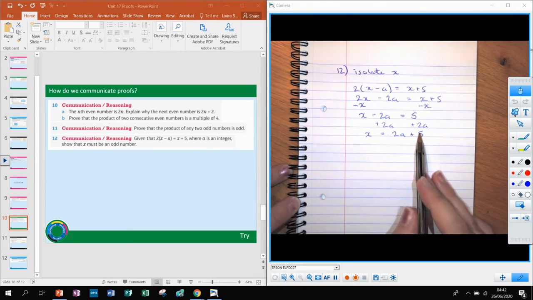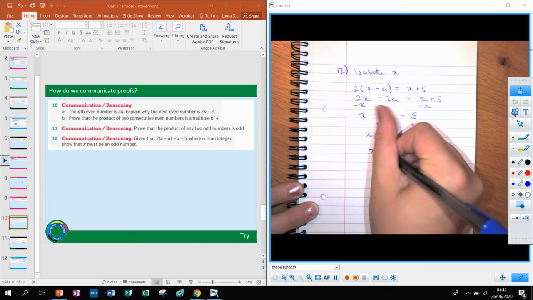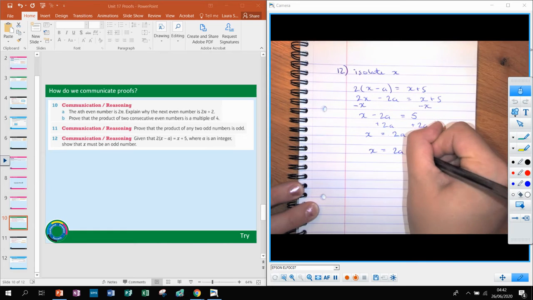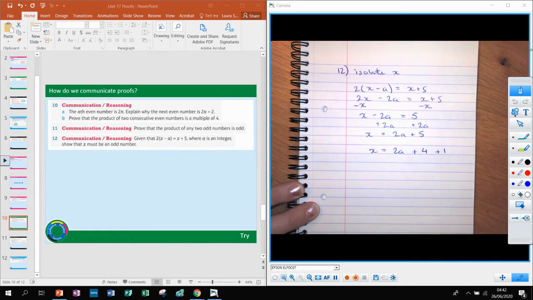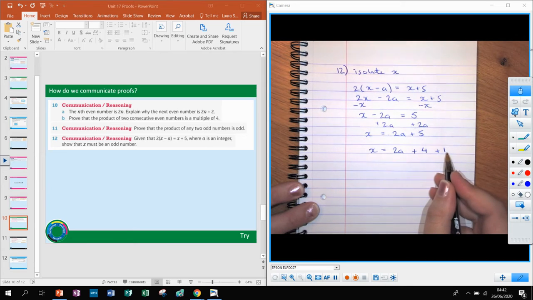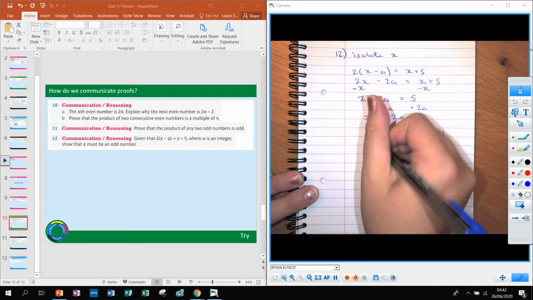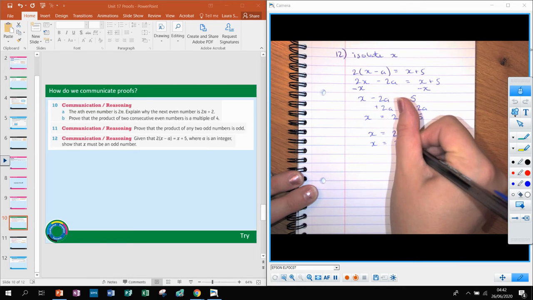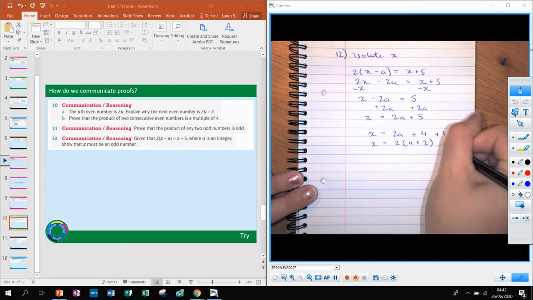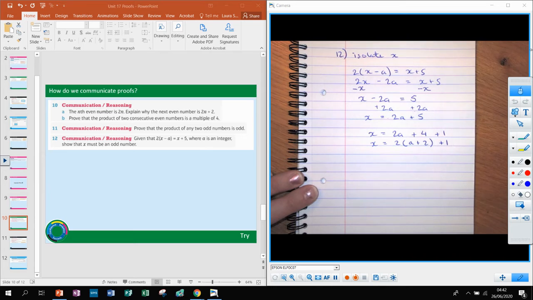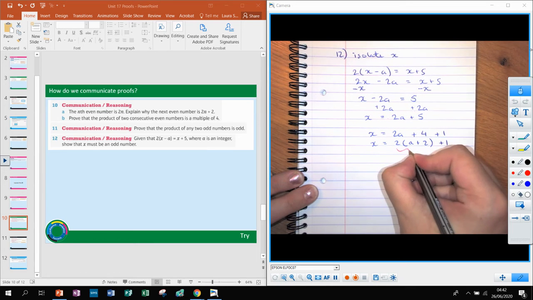I can split up the 5. So we're going to write this as x is equal to 2a plus 4 plus 1. Now I've got that 1 separate, I'm going to be able to give my definition of an odd number. So finally we divide out this 2. Make sure that you annotate.